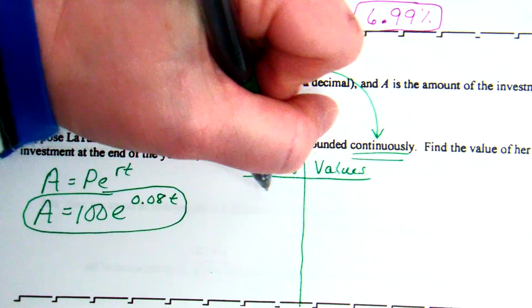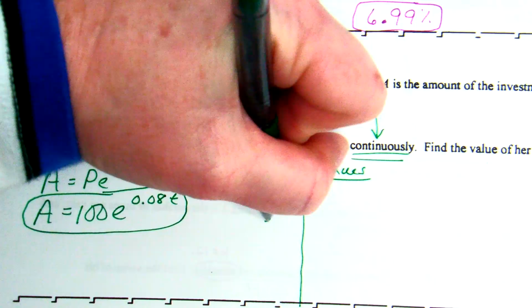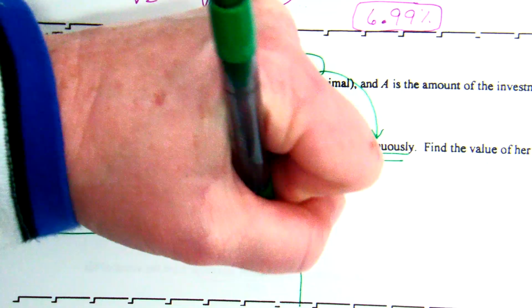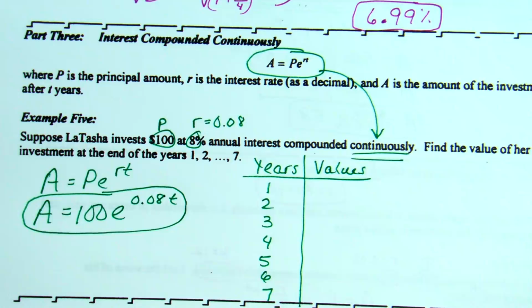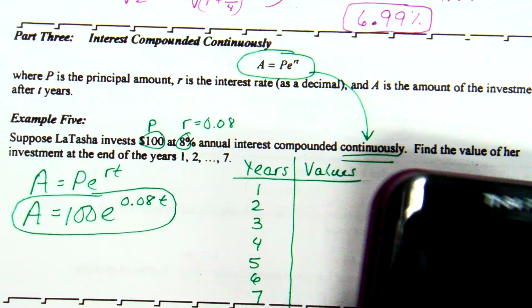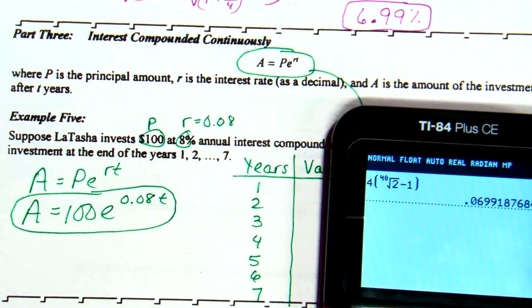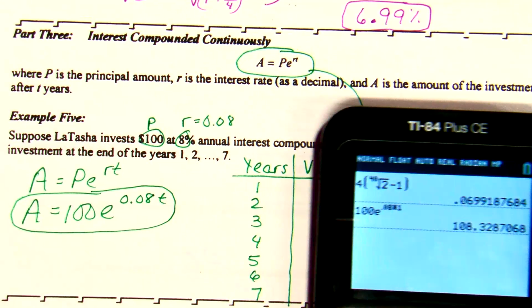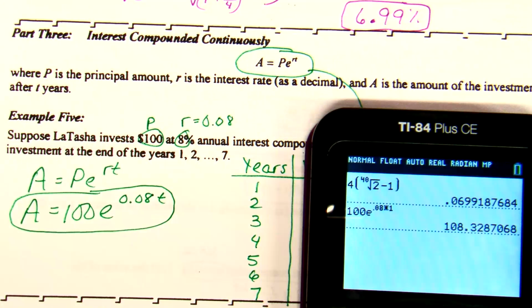The years they're asking for, 1, 2, 3, 4, 5, 6, 7. Grab your calculator. 100 second E to the 0.08 times 1 is what I started to type. Go ahead and finish that off. What do we get here?